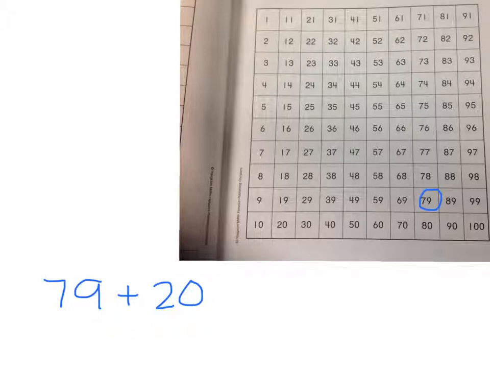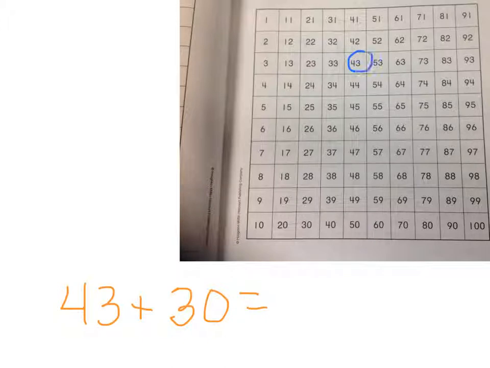Well, when I move to the right, each space is 10 more. How many spaces do you move to add 20? You're right, only 2 because I have 2 tens. So if I move to the right 2 spaces, 1, 2, what is the total? Did you say 99?